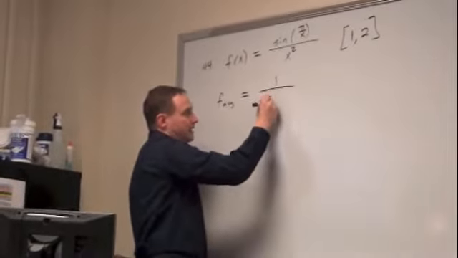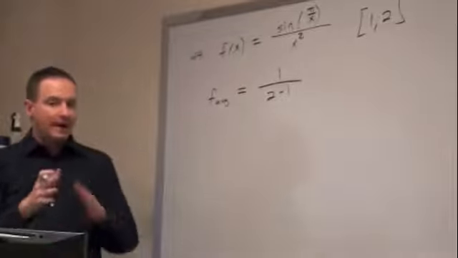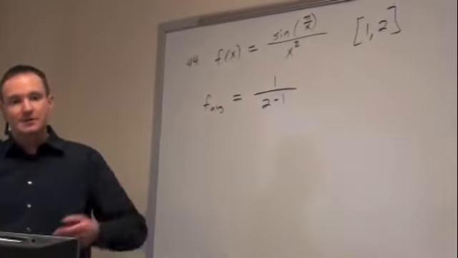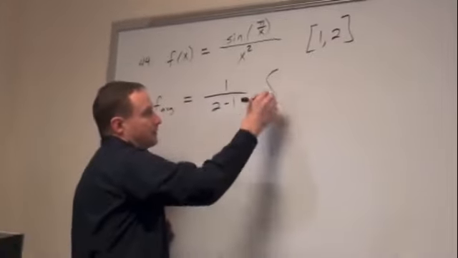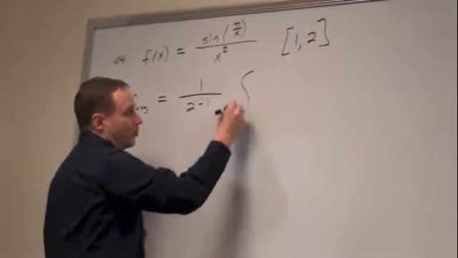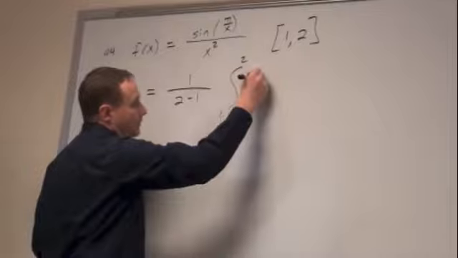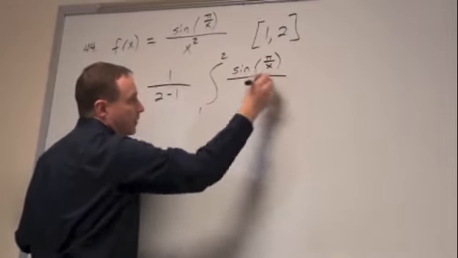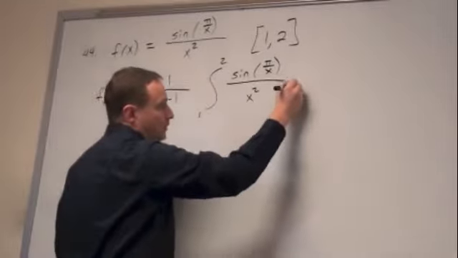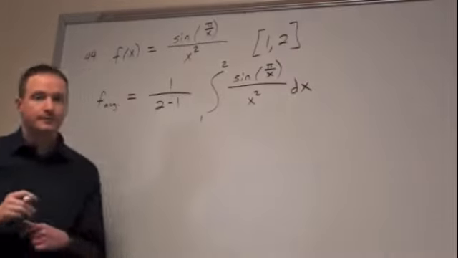That gives me the change in the x values. So we're going to divide by the distance it covers, which in this case is just 1 unit. On the integral, find the area under the curve from 1 to 2 of the sine of pi over x squared with respect to x.